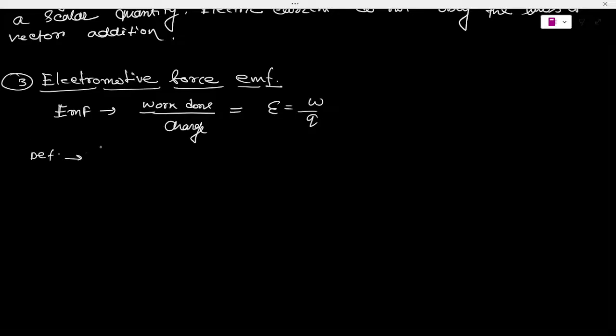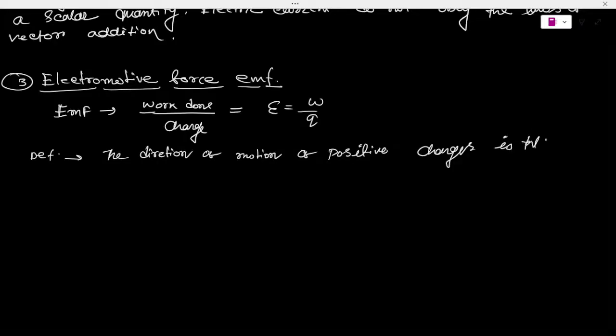The direction of motion of positive charges is taken as the direction of the conventional current.